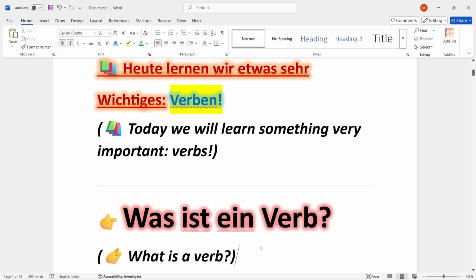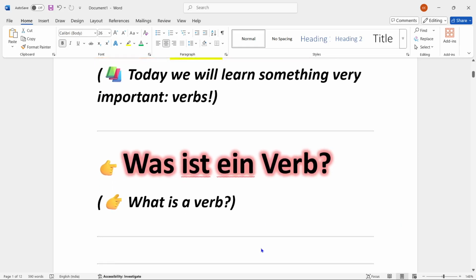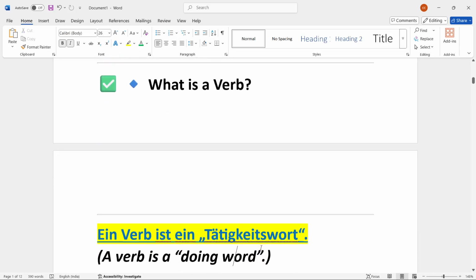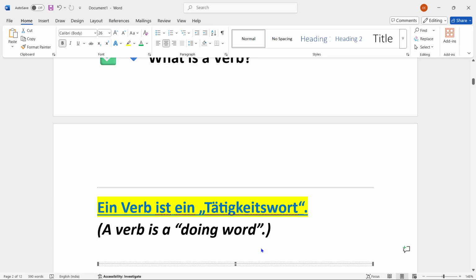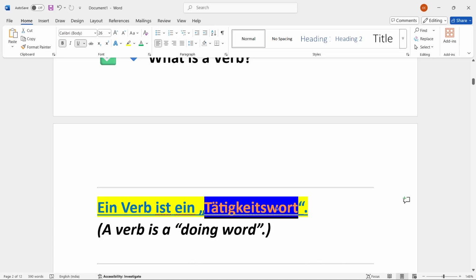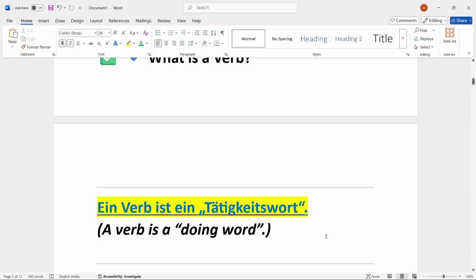So, was ist ein Verb? Ein Verb ist ein Tätigkeitswort. It's a doing word. Tätigkeitswort.